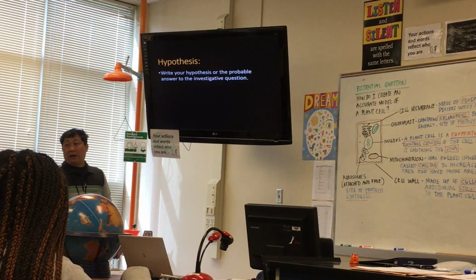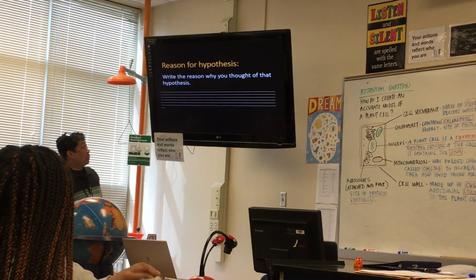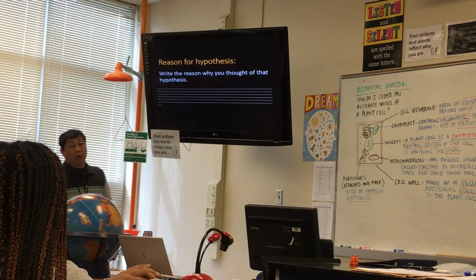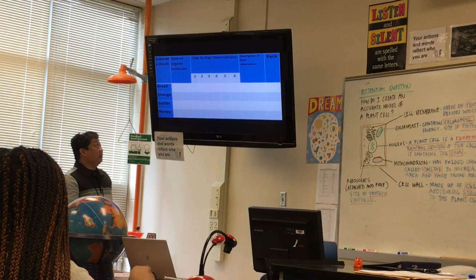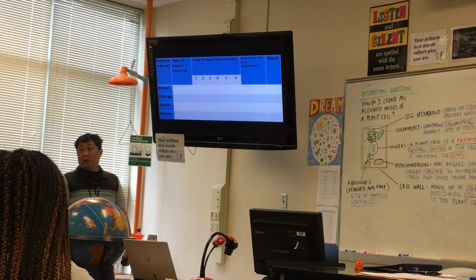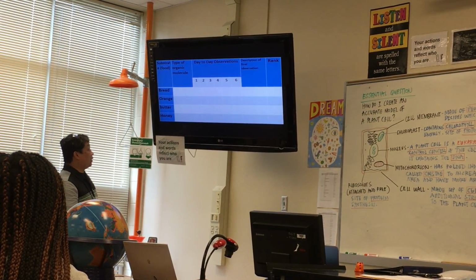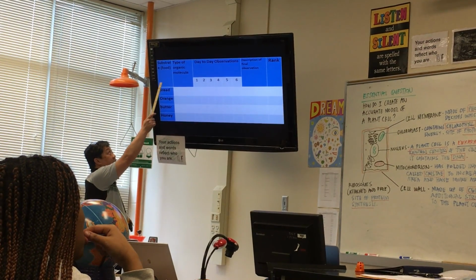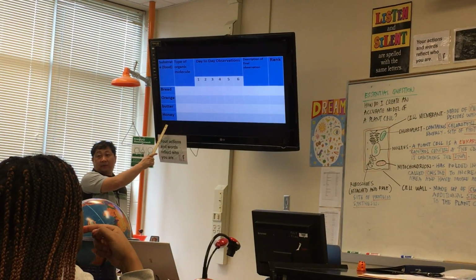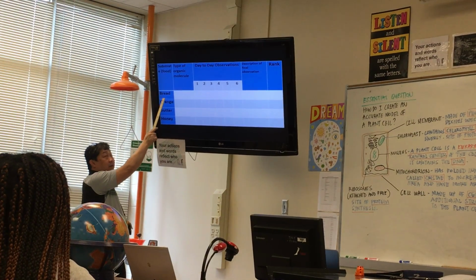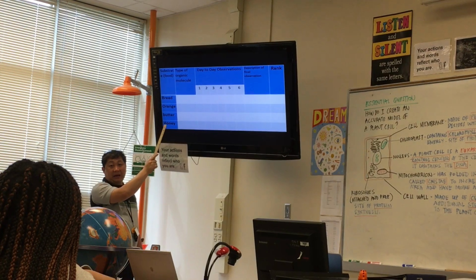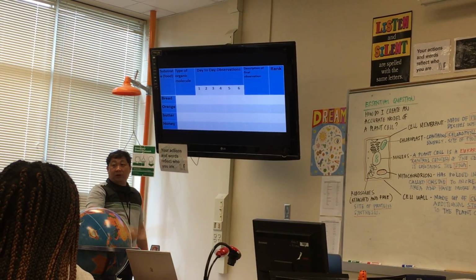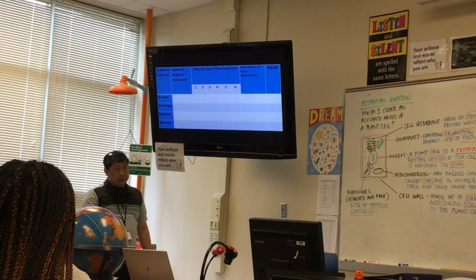Now, after writing your hypothesis, you write down the reason why you thought of that hypothesis. And then, you will copy this table on your paper, and on this table, we have the following substrates. The 4 substrates are bread, orange, butter, and honey. So these are the 4 substrates or food.